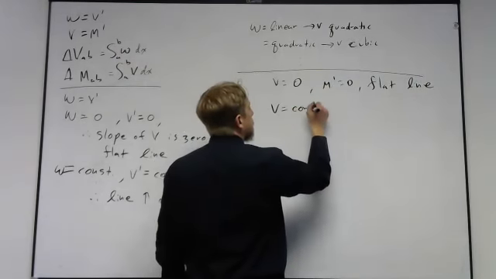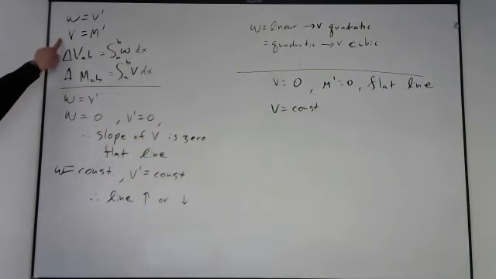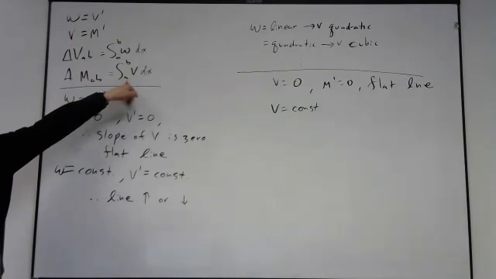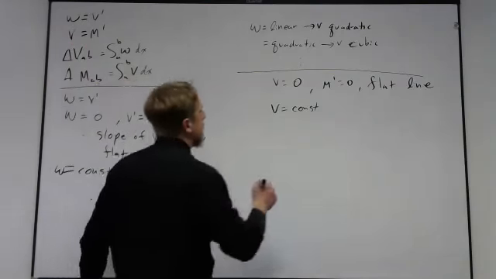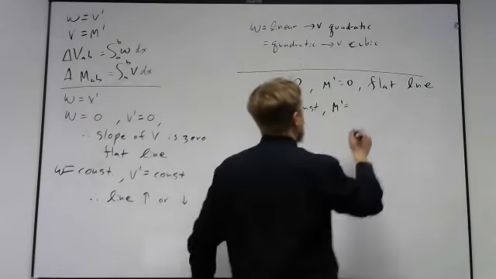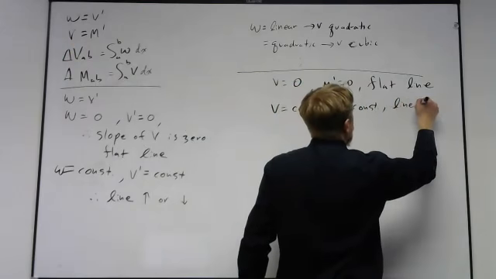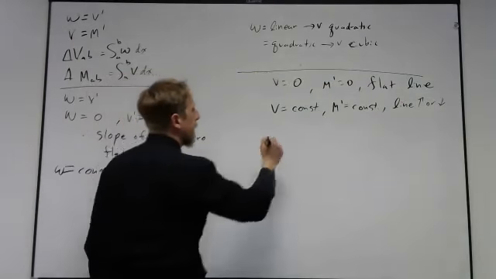The other way to think about this is that we're upping the order of x because I'm doing integration. Or you can think of it in terms of slope. So M prime is constant, so it's a line up or down, and so forth.